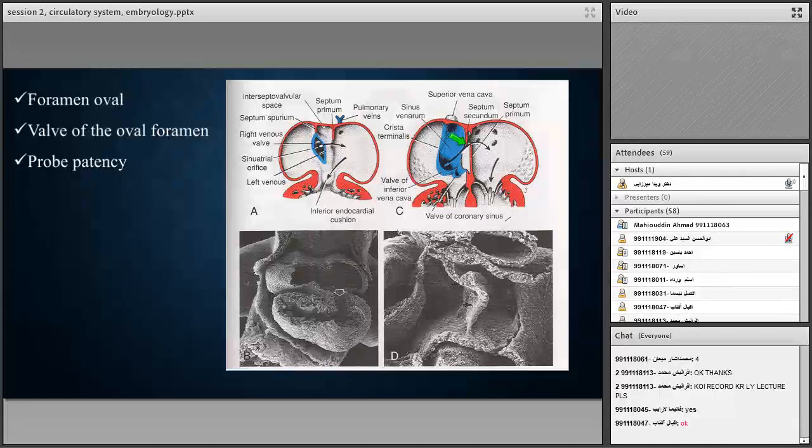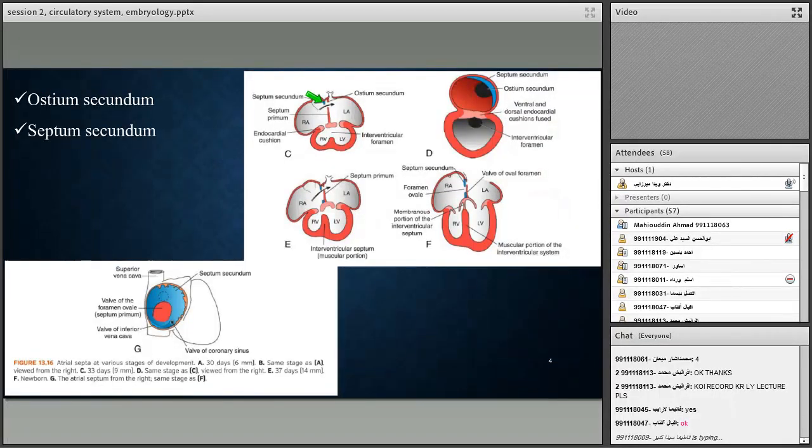The opening left by the septum secundum is called foramen ovale. Look at here.